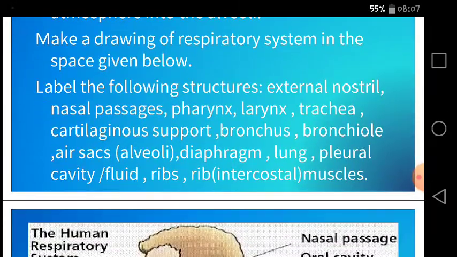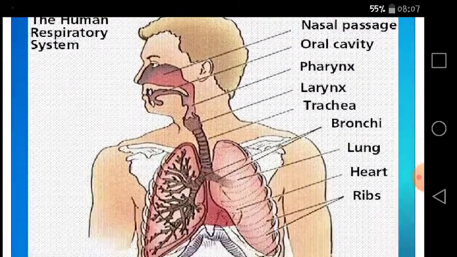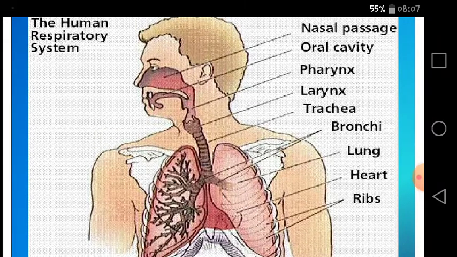So this procedure we are going to follow, and for this purpose we have this diagrammatic representation of the human respiratory system. Dear students, you can see the nasal cavity, the oral cavity, the pharynx, larynx, the trachea, bronchi, lung, heart, and ribs.